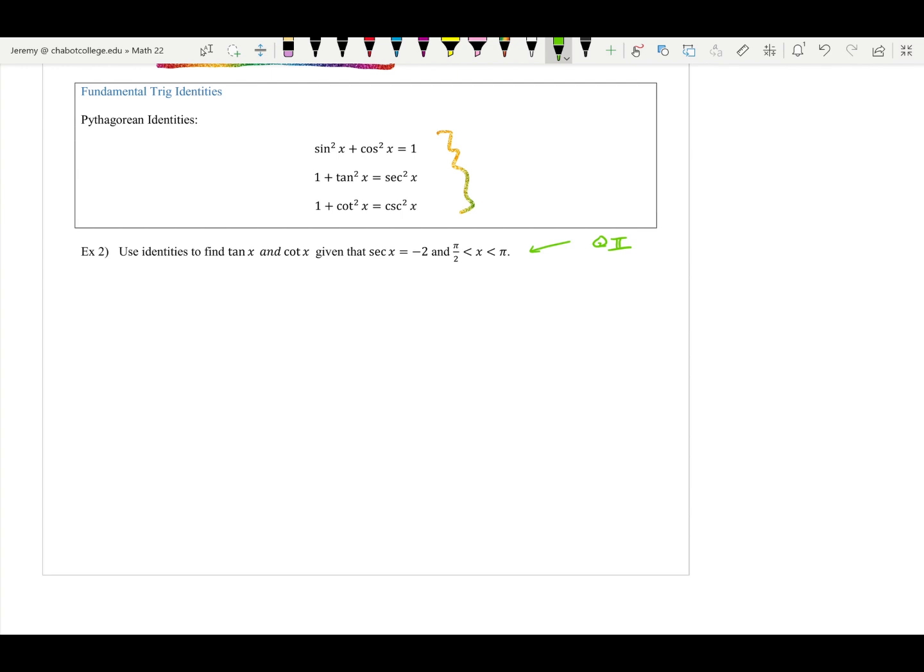All right, so that's going to affect, all students take calculus, figuring out what the sign of tangent and cotangent are. So you might recognize this looks pretty similar to the last example in the previous section. So we're going to do something really similar here. All right, so maybe I'll start by drawing a little picture.